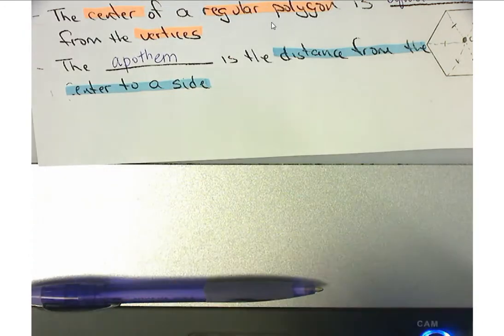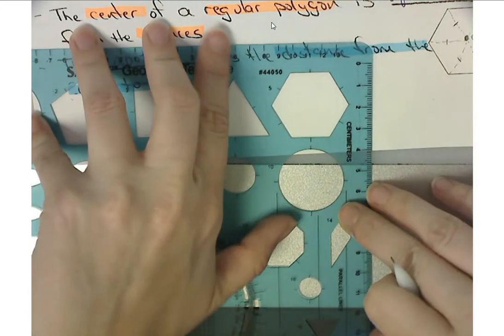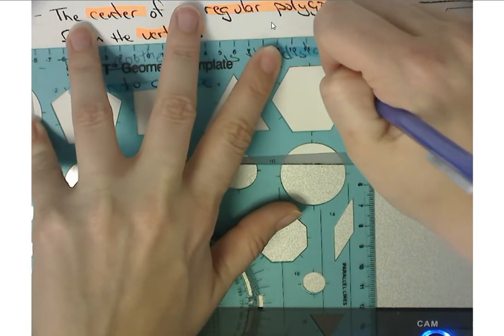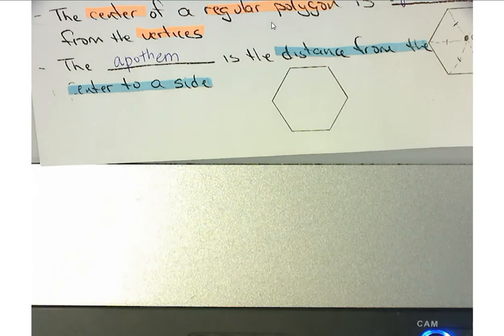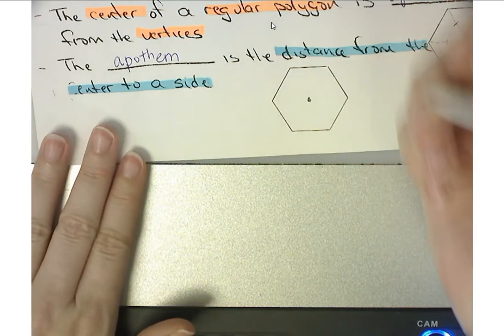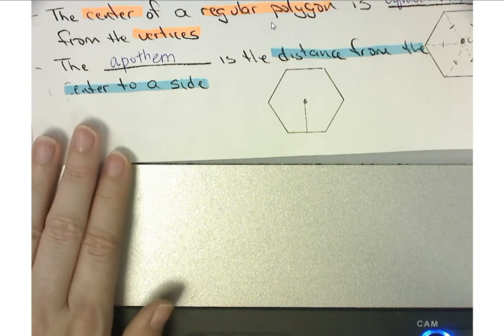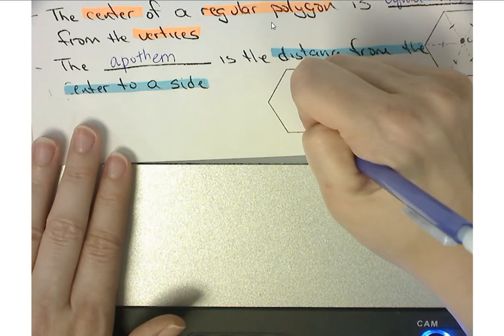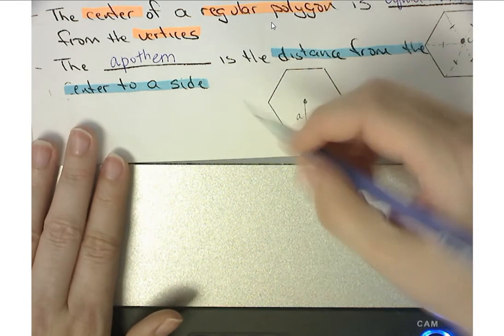So we'll do another hexagon and write out what that's going to look like. So it's going to be the center to a side. If I just want to draw this to this side here, what it does is it forms a right angle with the side. So that would be your apothem.